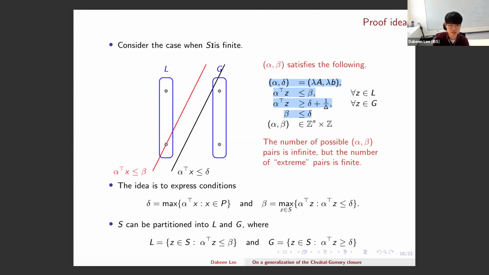Because S is finite, we know that L and G are finite sets. So this corresponds to a polyhedron, and you are enumerating integer points inside a polyhedron. But the problem is this can be unbounded. The important inequalities correspond to extreme points and extreme rays of this polyhedron, so we can focus on a finite number of pairs.